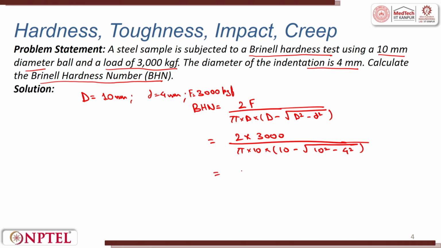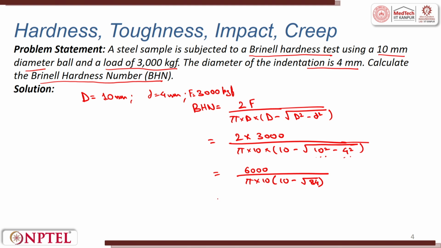This is equal to 2 into 3000, which is 6000, by pi into 10 multiplied by 10 minus under root of 84, since 10 square is 100, 4 square is 16, and 100 minus 16 is 84. We have to use a calculator to find the values.